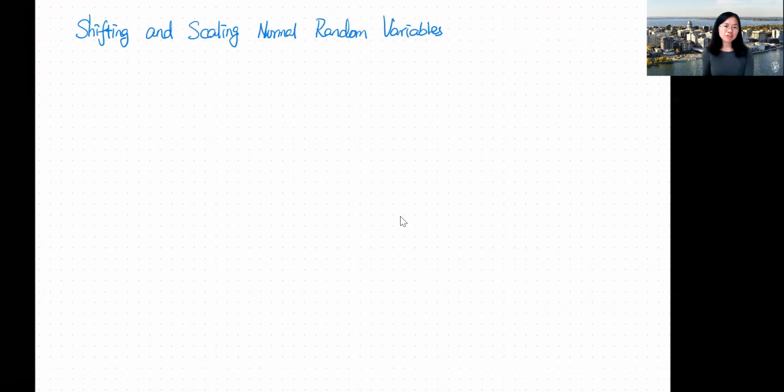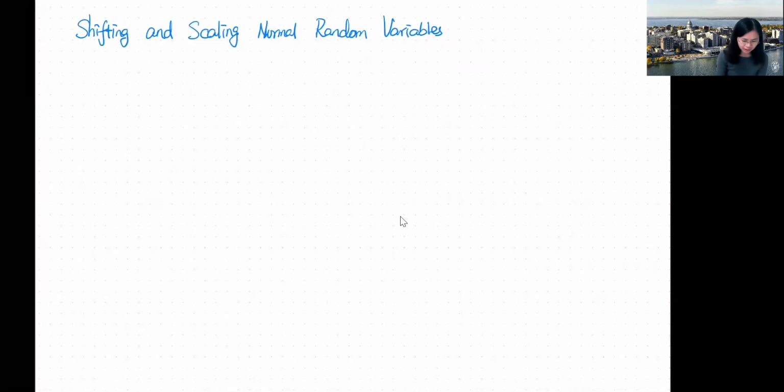Now, we talked about shifting and scaling uniform random variables. We can also shift and scale normal random variables. So we already know what shifting and scaling means.